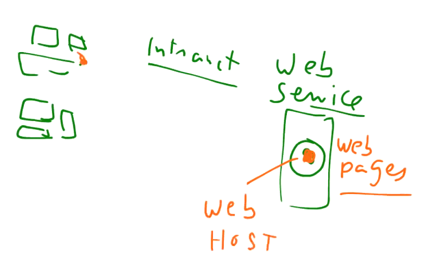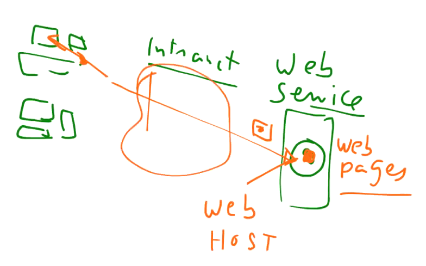A client, through his browser, sends a request to the server, the server processes that request, makes a copy of the page or produces a page, and sends it back to the client. Similarly, another client sends a request and this server processes that request. So that's why we call this a host.